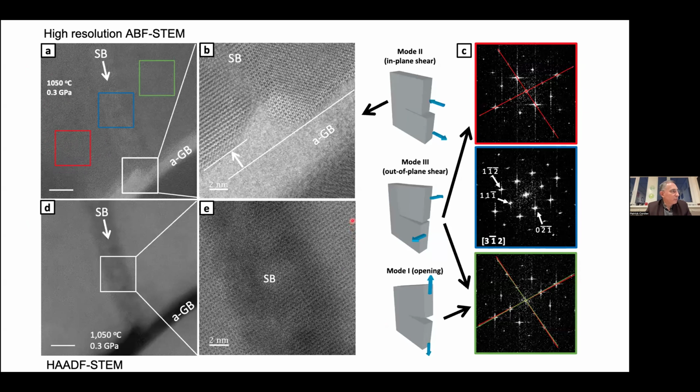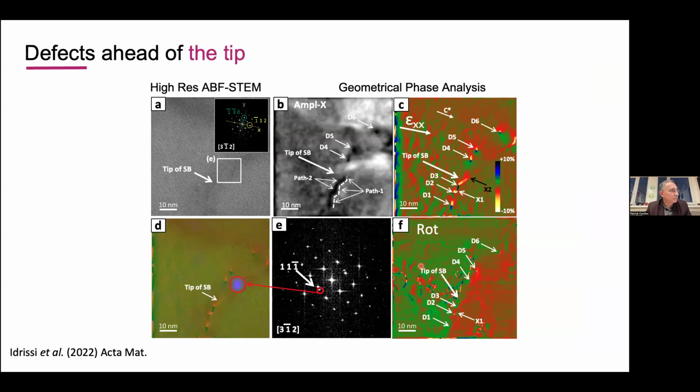We have even more because not only we have this displacement here, but we performed FFT to have diffractions on both sides of the lamella, and from the change of intensity of the spots and from the rotation of the spots, we see that the shear is complex. Speaking in terms of fracture mechanics, that would be a combination of mode 1, mode 2, and mode 3. So it's very complex, not very much constrained by crystallography because it's amorphous.